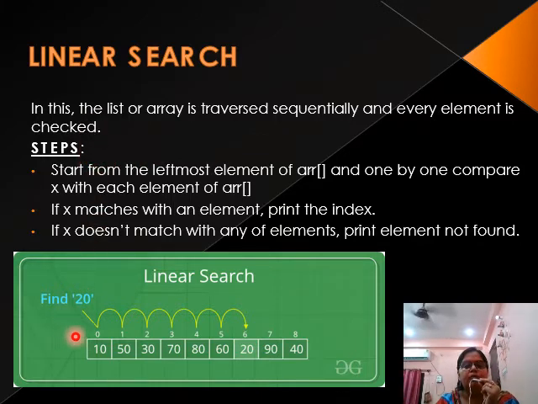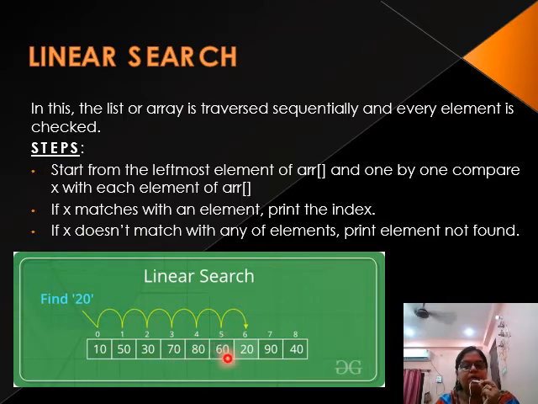If we have to find 20, we can't just jump to it. First we come to index 0, here it is 10, it doesn't match. Then at index 1 it is 50, it doesn't match. At index 2 it is 30, it doesn't match. At the third index it is 70, it doesn't match. At the fourth it is 80, it doesn't match.